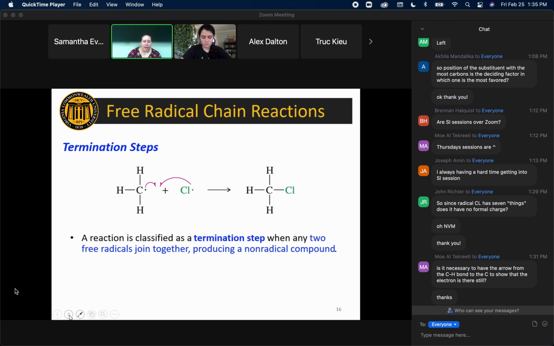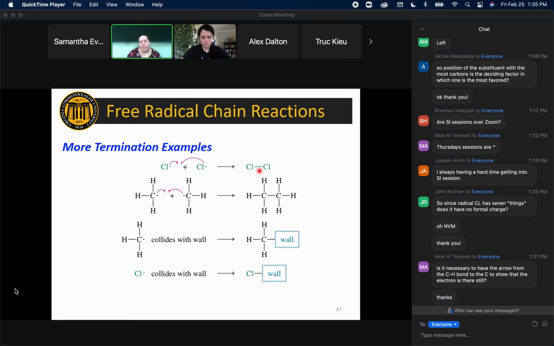But it's not the only way that we could quench radicals. There are a lot of other ways that can destroy the radicals if they run into a contaminant or another reagent or even the wall of the flask. So here are just some other examples. We could have two chlorine radicals coming together. That would regenerate one of our starting materials that can then keep participating in the reaction.